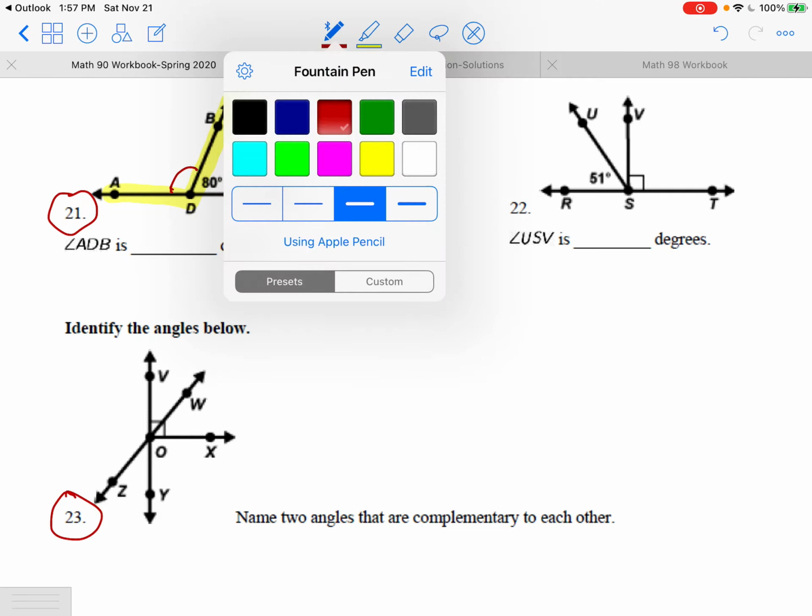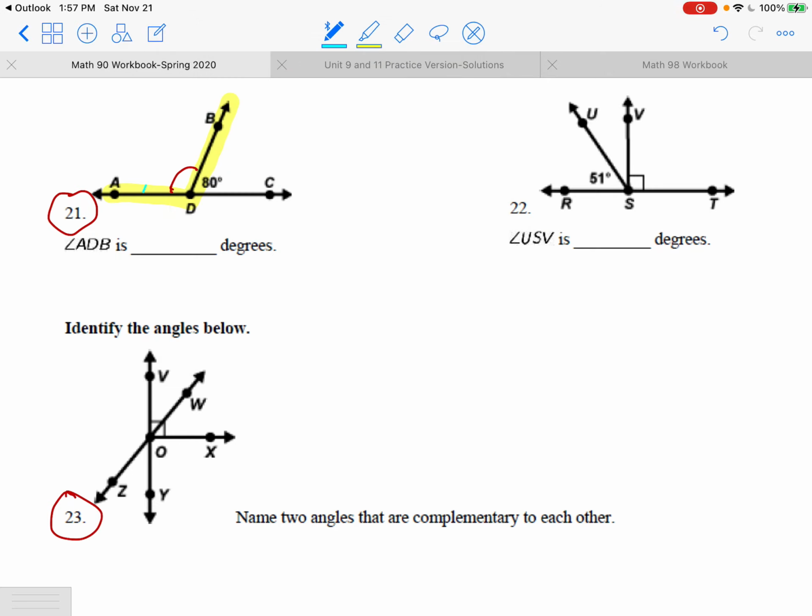If we look at the overarching relationship here, both of these angles, ADB and ADC, form a straight angle. So these are supplementary to each other, aren't they? We know supplementary angles add to 180 degrees.